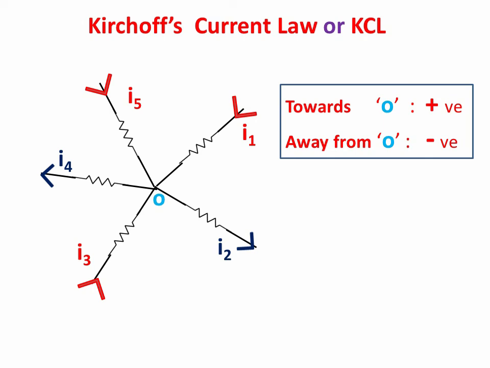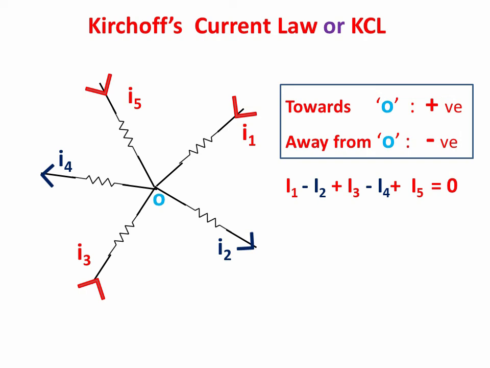So, for this assumption, we can write plus I1, though it is not required to put the plus symbol at the very beginning. So, I put I1, then what about I2? I2 is away from the junction, so I put minus I2.